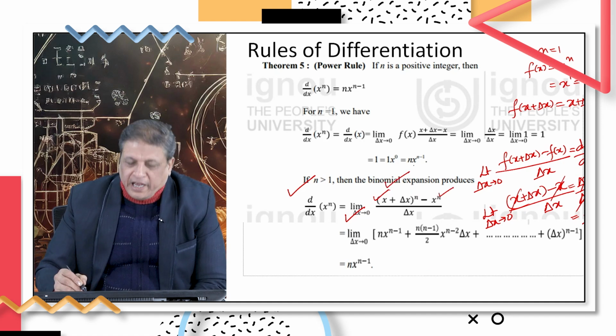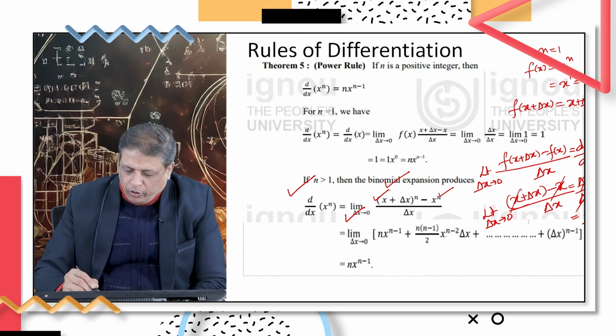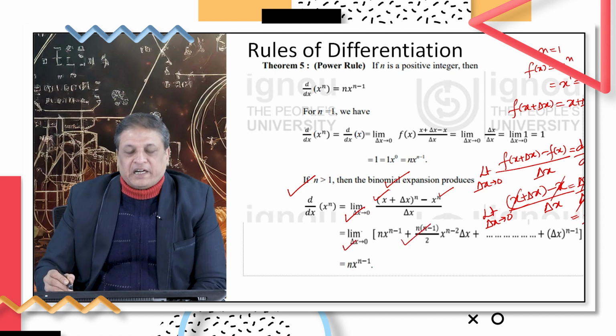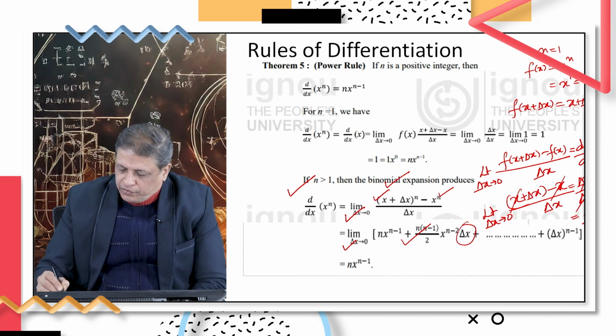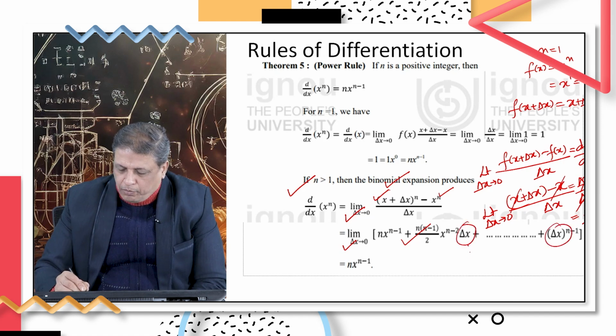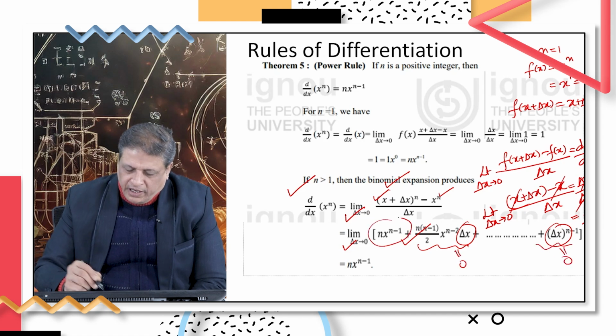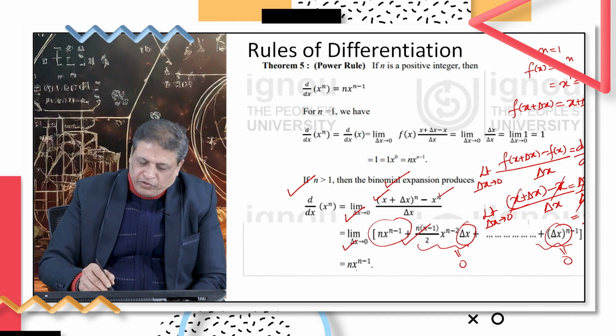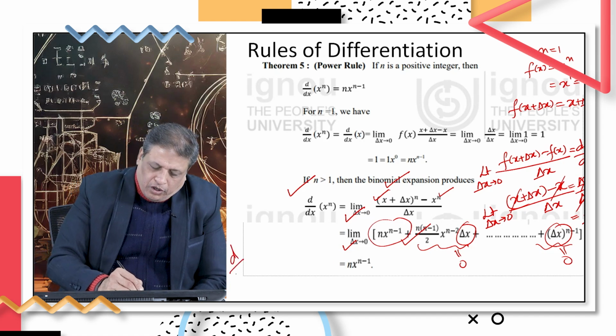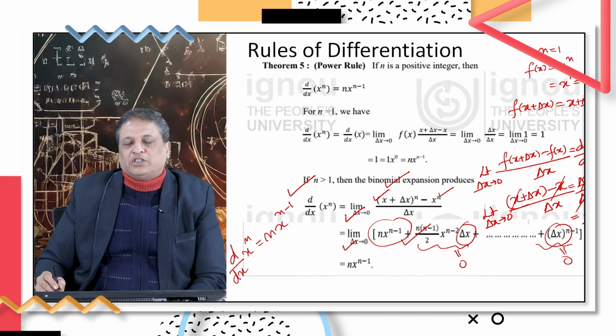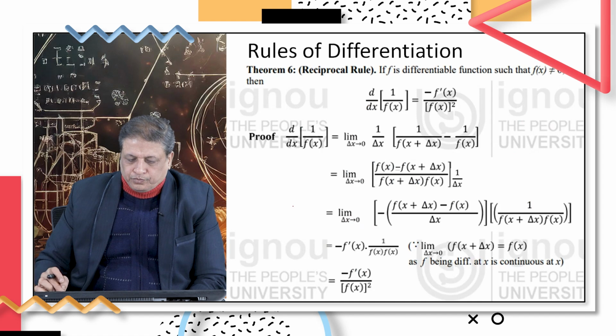Now, expanding (x plus delta x) to the power n by binomial expansion, you will get this expression, and applying the limit delta x tends to 0, all these terms wherein a delta x component is there will turn out to be 0, and what is remaining is only n x to the power n minus 1. Hence, d/dx of x to the power n turns out to be n x to the power n minus 1 only. So, this is the power formula, the power rule.